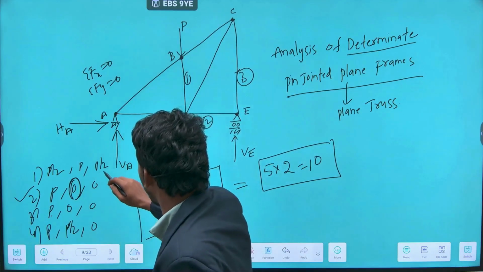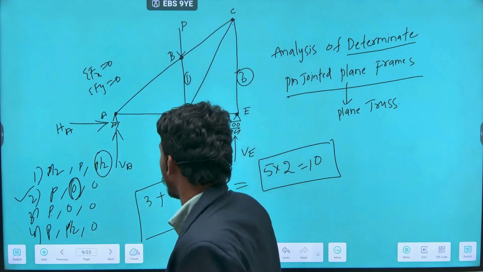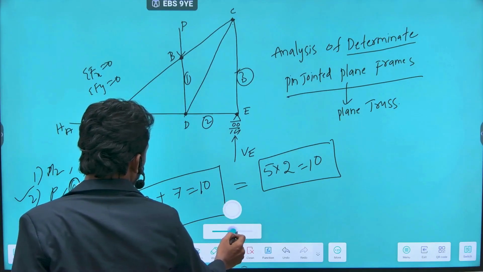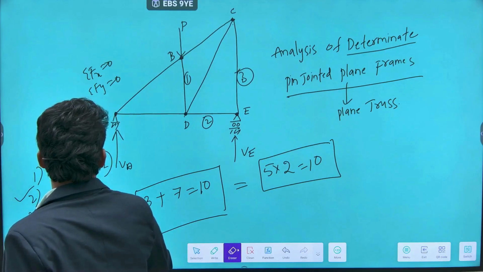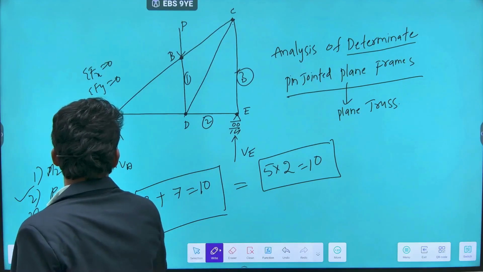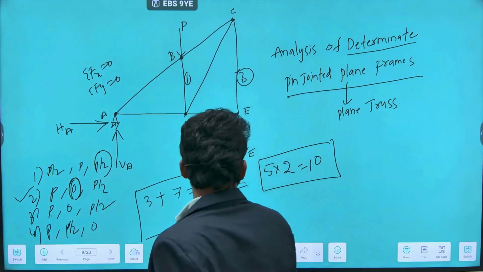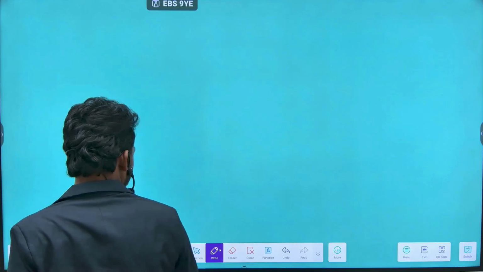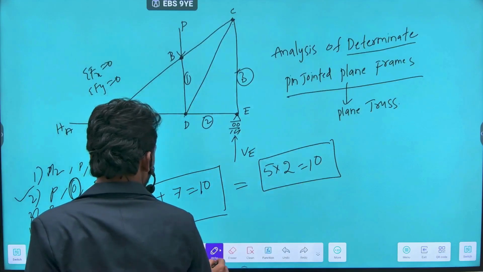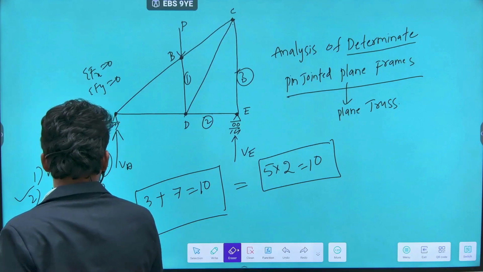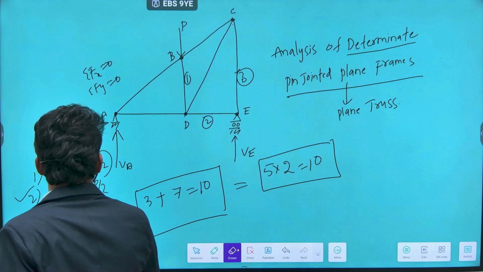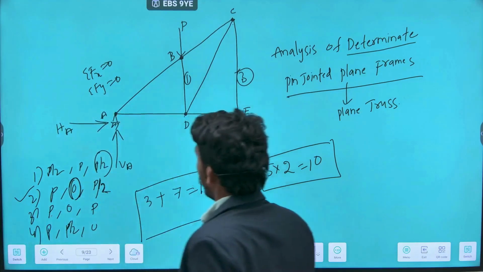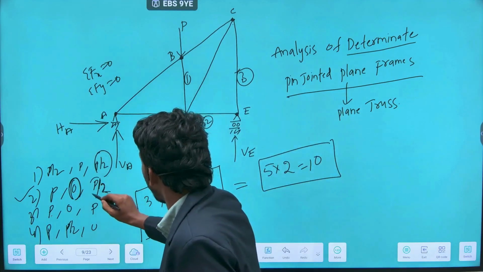Only in this option do I have P by 2 for member 3.